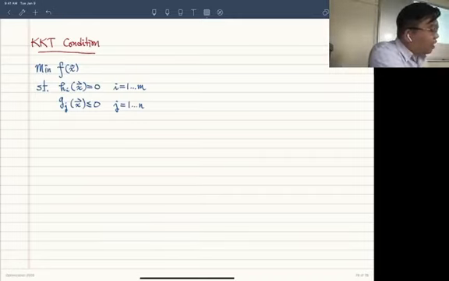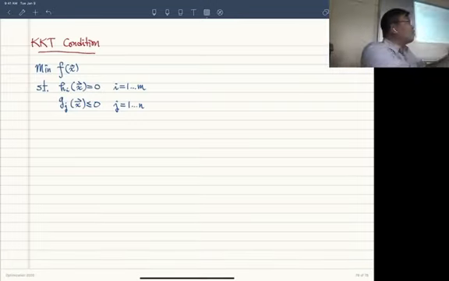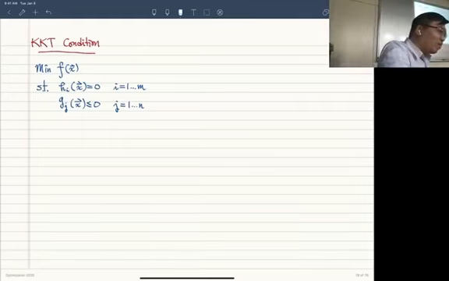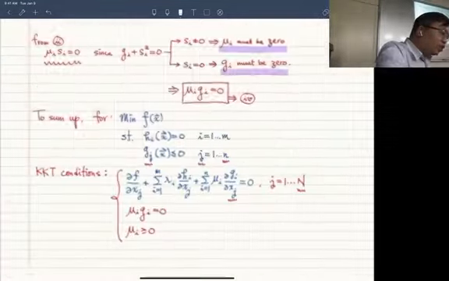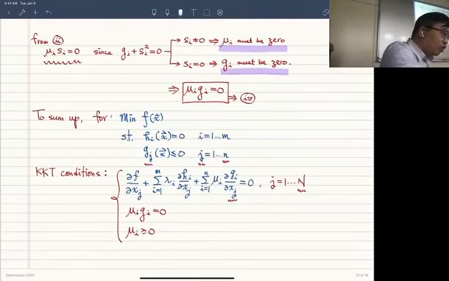We could have any number of inequality constraints, but we can only have one objective function. If you have a lot of objective functions, you need to figure out a way to combine them together. So for a general formulation like this, the equations for KKT conditions are given here.